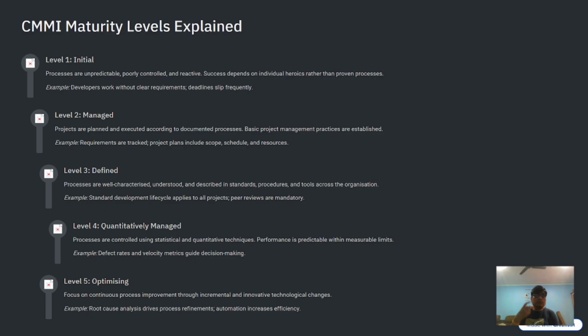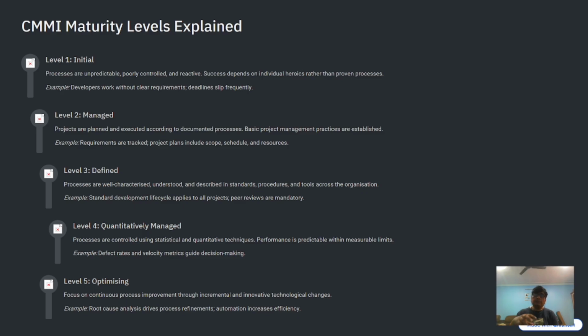Whether it is related to defects, like defect density, or related to test cases, like test case efficiency, the defects coming out from the test cases, defects coming out from exploratory testing, or metrics related to development, the defects per thousand lines of code. So this kind of quantitative analysis we are doing on the project. The processes are controlled using statistical and quantitative techniques.